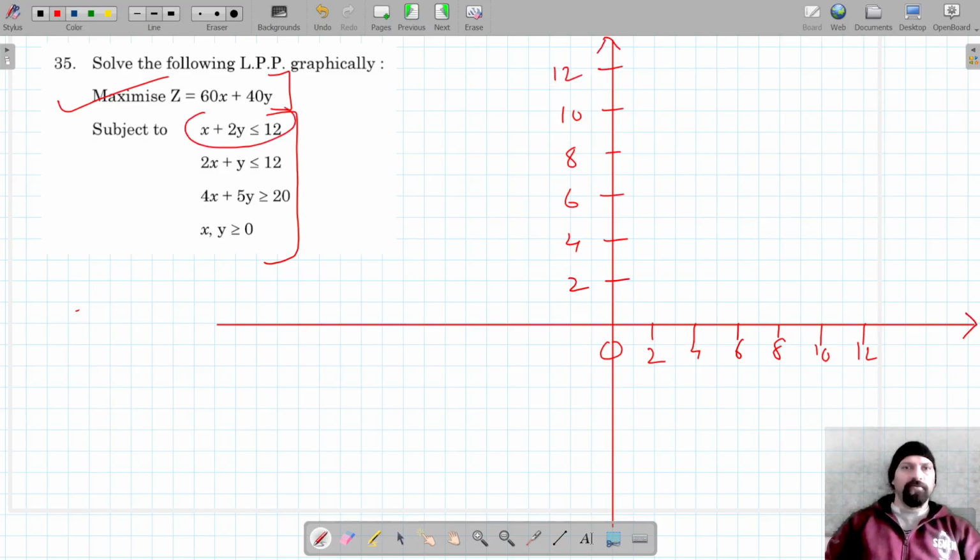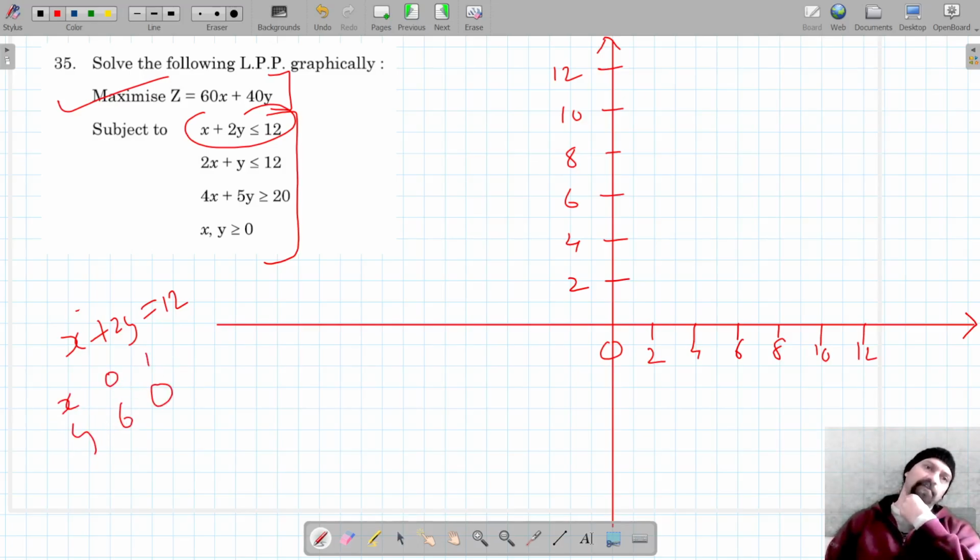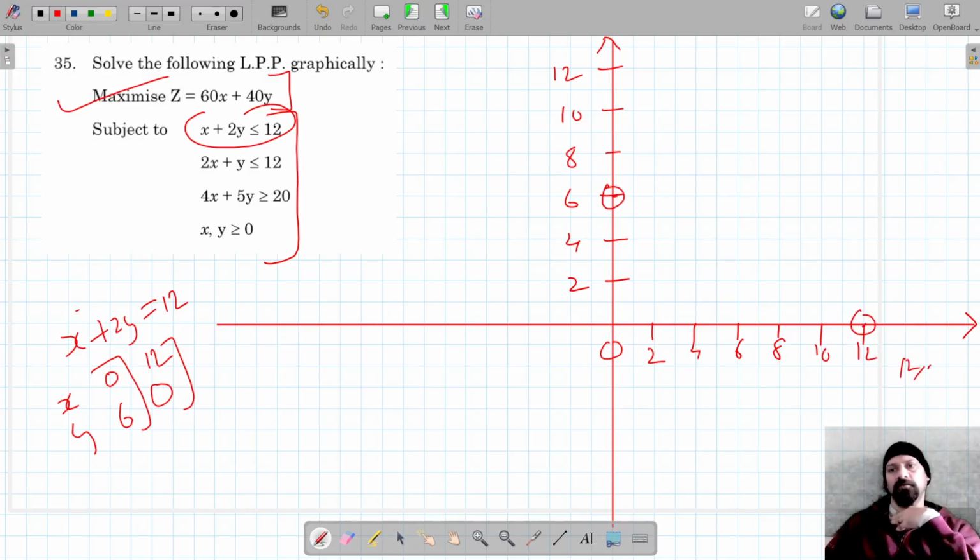Okay, now for the first one, that is x plus 2y is equal to 12. If I put x is equal to 0, it gives me y as 6, and if I put y as 0, it gives me x as 12. So my coordinates are (0, 6) and (12, 0). So (0, 6) is here, and (12, 0) is here. So let me join them.